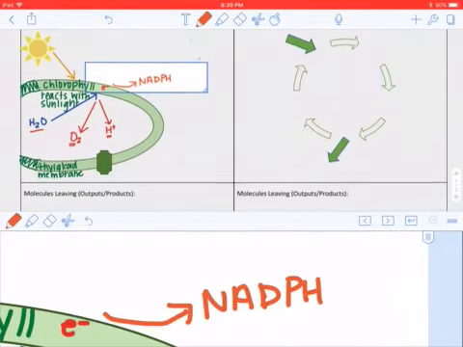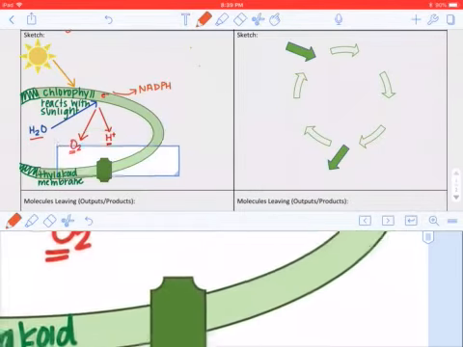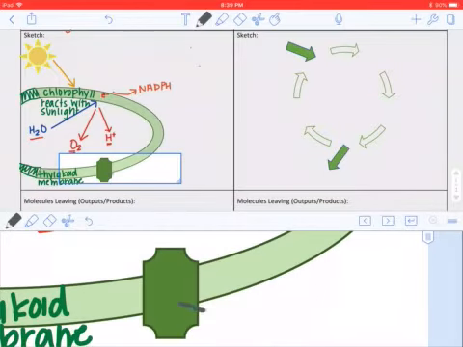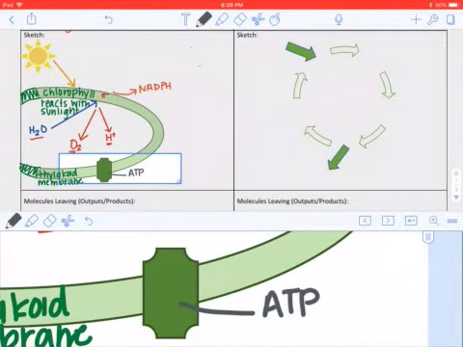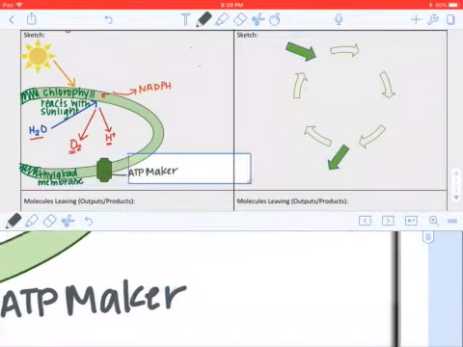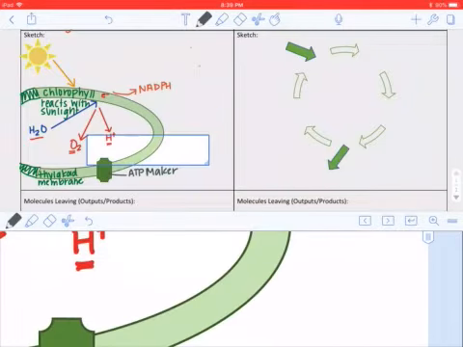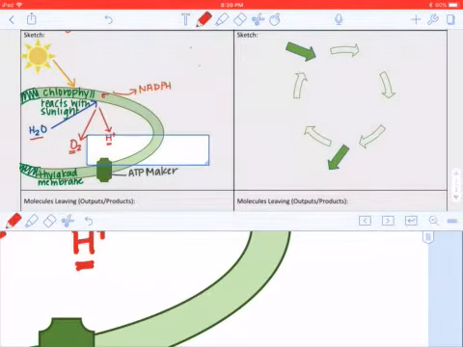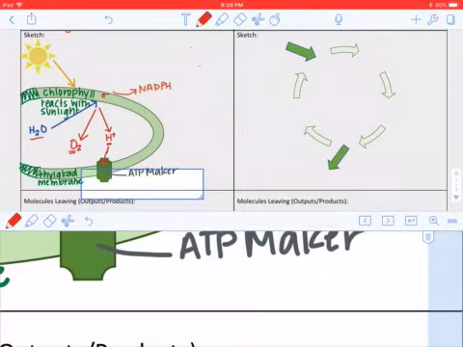Then, down in our thylakoid, we have this green thing. This green thing's kind of weird. This thing is an ATP maker. It's an enzyme called ATP synthase. And as hydrogen ions, hey, look, remember, we had some hydrogen ions right here, pass through it. It spins.